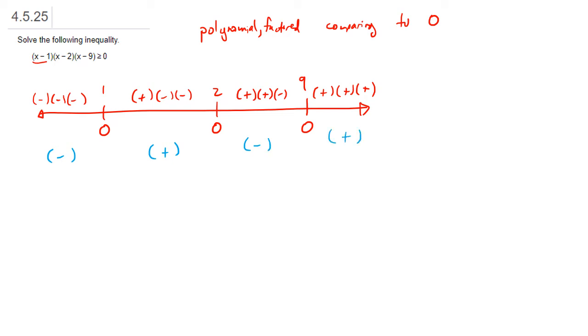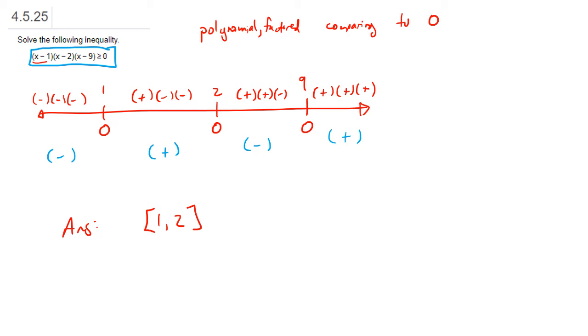So let's refer to the problem as stated to ask, do I want to include 0 or not? I do. The question was, where is this product bigger than or equal to 0? So we can come back and say, where is this bigger than or equal to 0? Everything from 1 to 2, including both of those points. At 1, the result is 0, and at 2, the result is 0, and I wanted to include those.